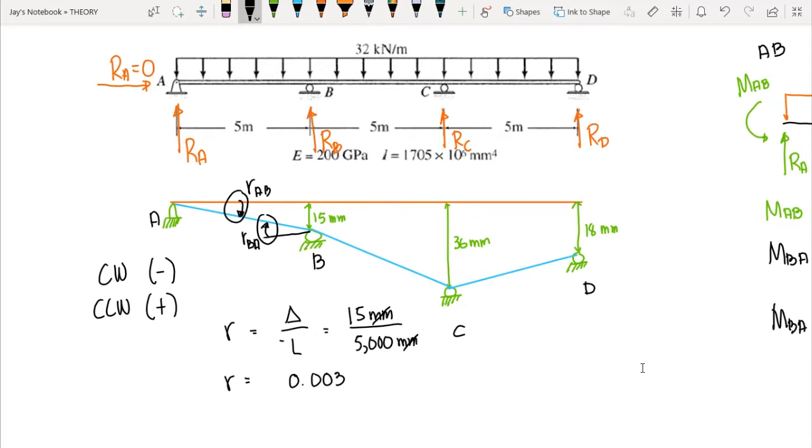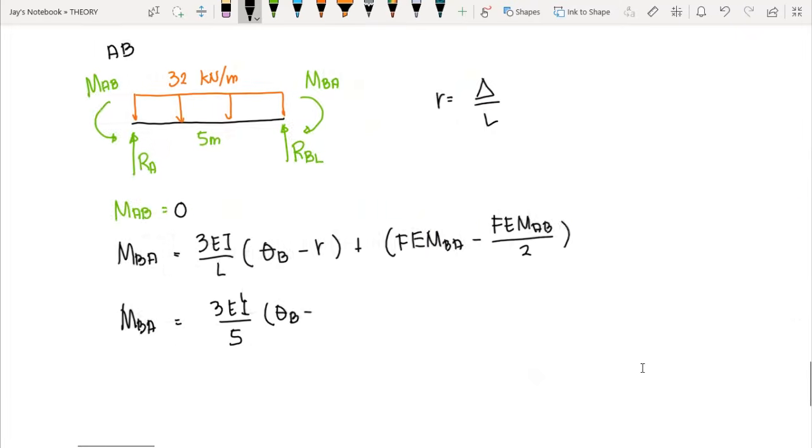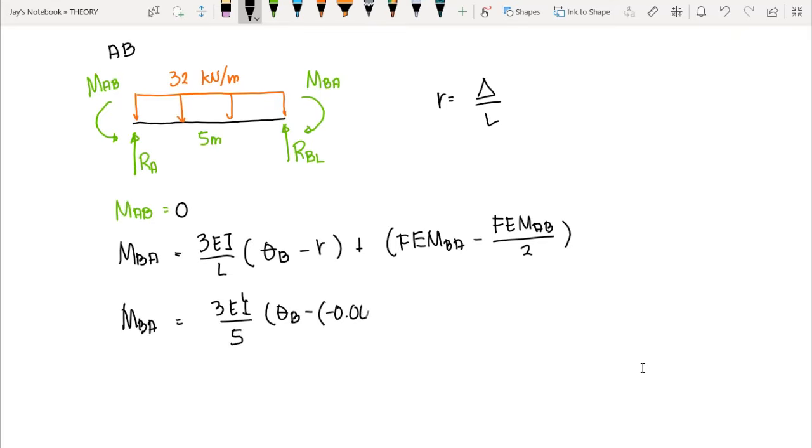It is the same as with a moment: if we have a counterclockwise moment, that moment is positive in value, and if we have a clockwise moment, it has a negative value. In this case, we have a clockwise rotation of the chord, therefore this one is negative. So we have negative 0.003 plus the fixed end moment.